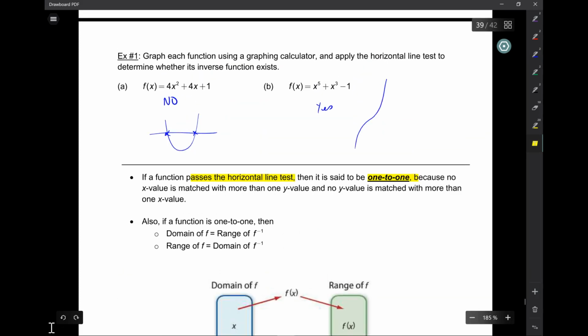What does 1-to-1 mean? Look at the parabola here. One value of y corresponds to two values of x. This is not 1-to-1.